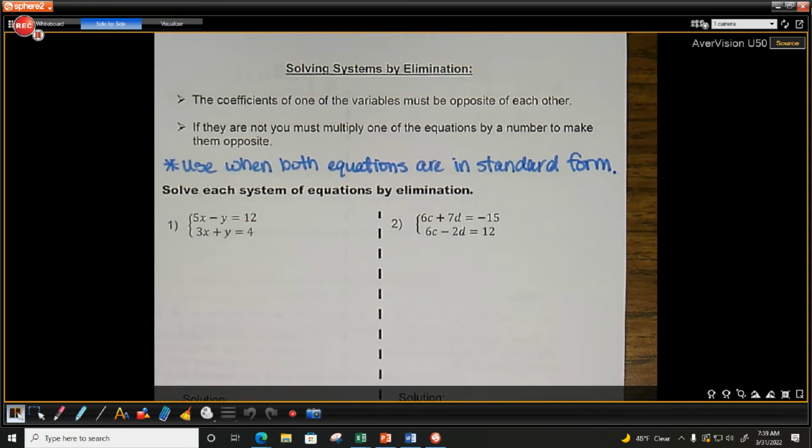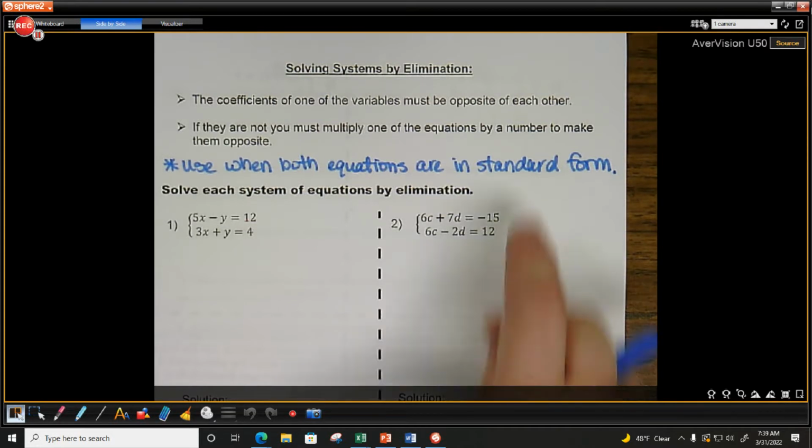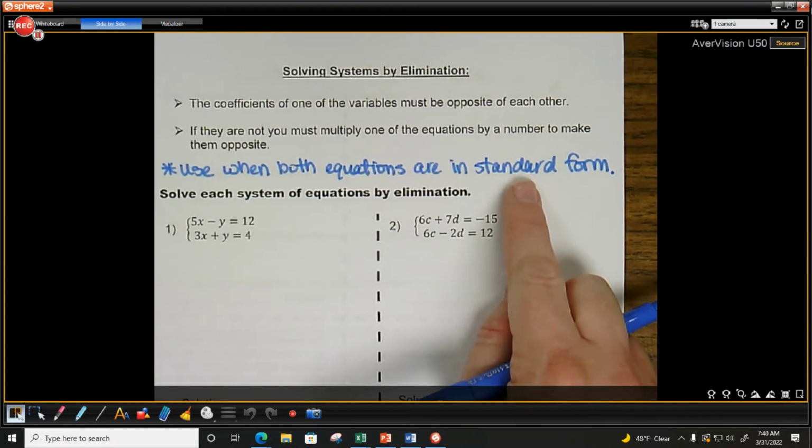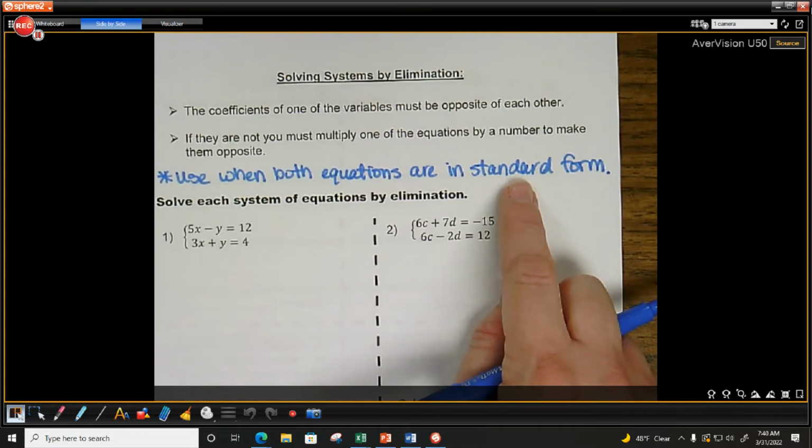Just like our unit over solving quadratics, I could use elimination anytime I want. Okay, for any system, I could use elimination. But in order to use elimination, you have to first get it in standard form. So I would only use elimination when they already are in standard form.